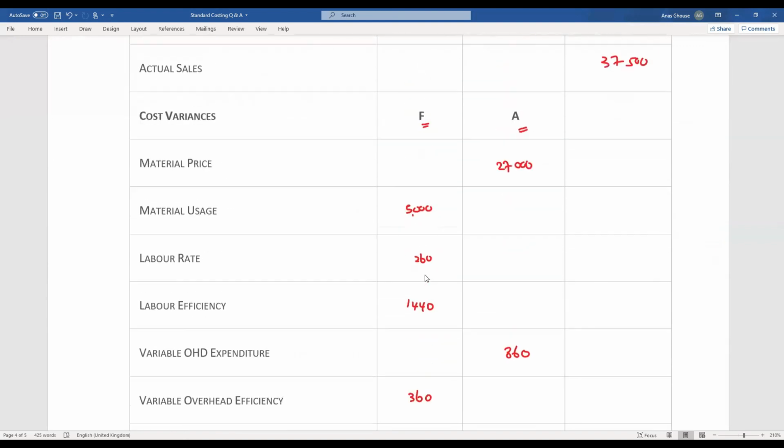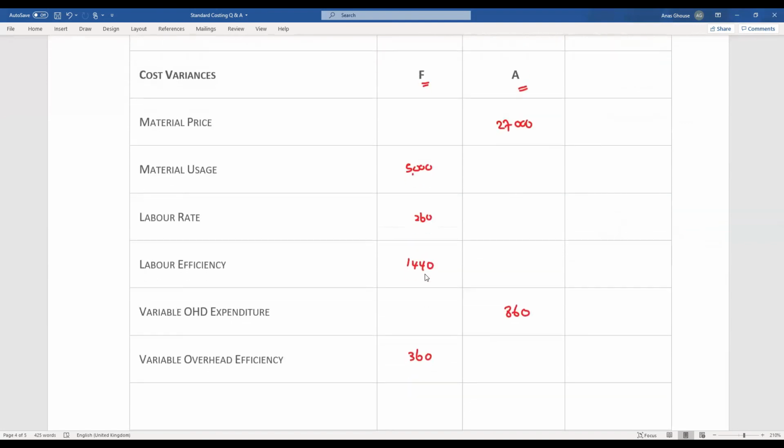So once you take the total favorable, 5 million plus 260 plus 1,440,000 plus 360, that will be 7,060,000 favorable, whereas adverse is 27 million plus 860, which will be 27,860,000 adverse.